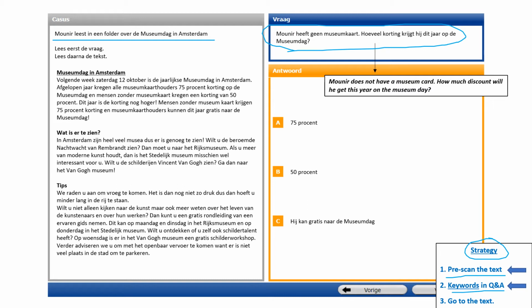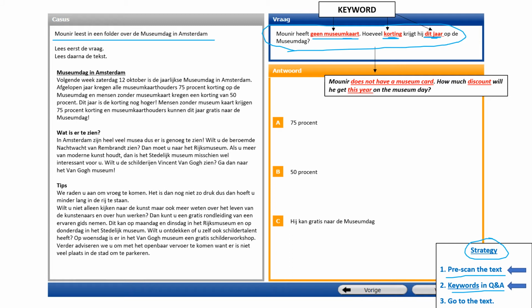I think that for this question, important information that could help us find the answer is the fact that Mounir does not have a museum card, so geen museumkaart, how much discount he is getting, and also that we are looking for how much discount he is getting this year. So I've marked these words as my keywords. Geen museumkaart, korting, and dit jaar.